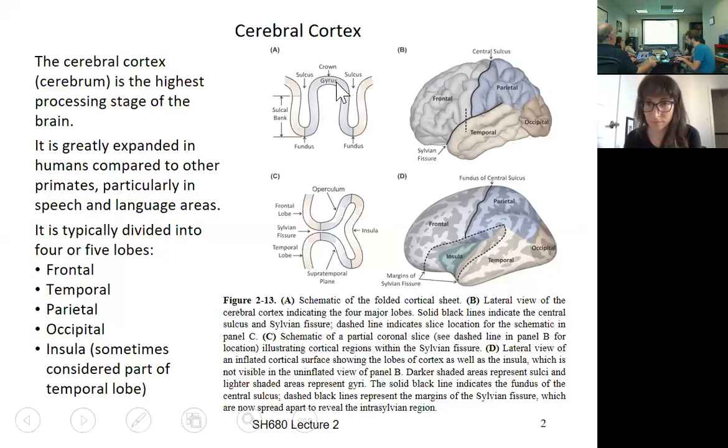I think you probably all know that the bumps are called gyri and the grooves are called sulci. Things get a little more complicated though, because different people use different descriptions of things. So the fundus is specifically the very bottommost part of the sulcus, the deepest part.